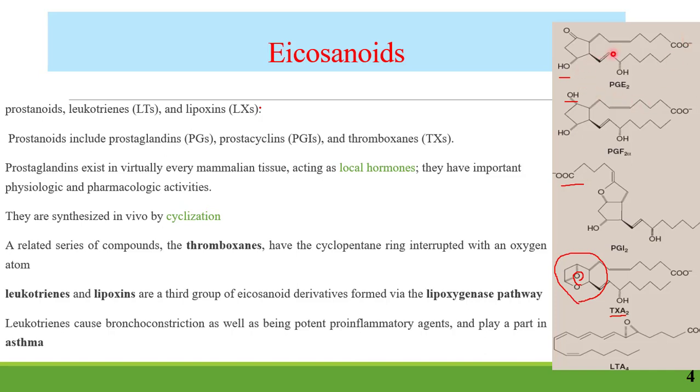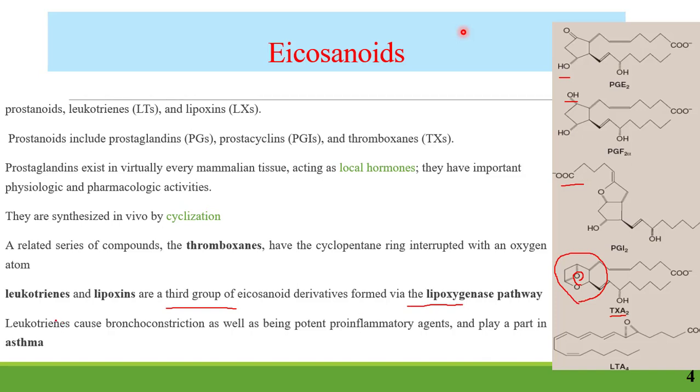Okay, you can see here different types of icosanoids like prostaglandin E2, prostaglandin F2 alpha, and prostaglandin I2. Also, you can see thromboxane A2 and leukotriene A4. The leukotrienes and lipoxins are a third group of icosanoid derivatives formed via the lipoxygenase pathway.